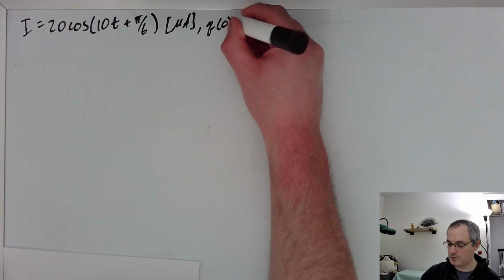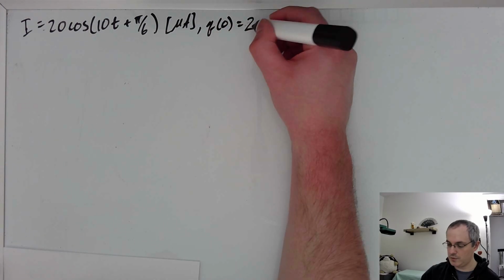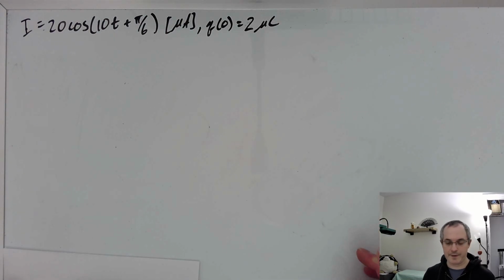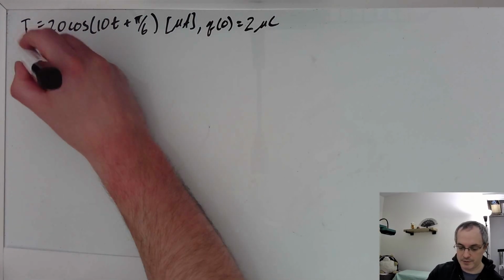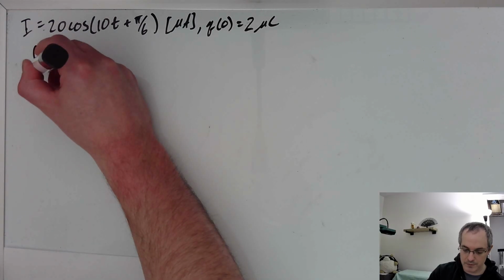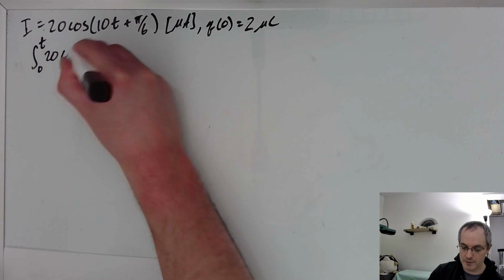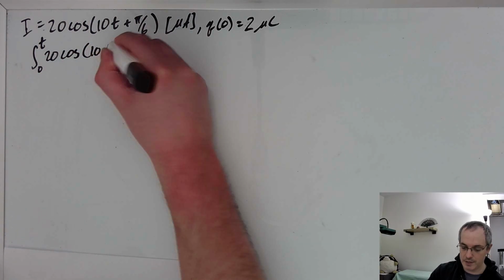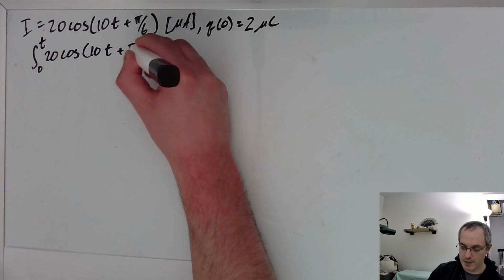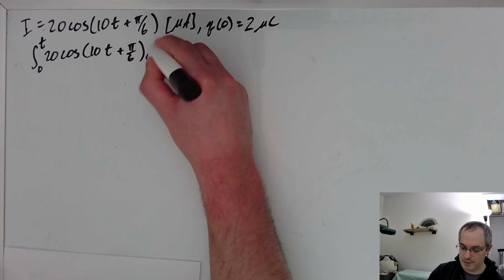And then our initial amount of charge is 2 microcoulombs. Okay, so same thing. So let's just find out what this integral is. So integral from 0 to t of 20 cosine of 10t plus pi by 6 dt.